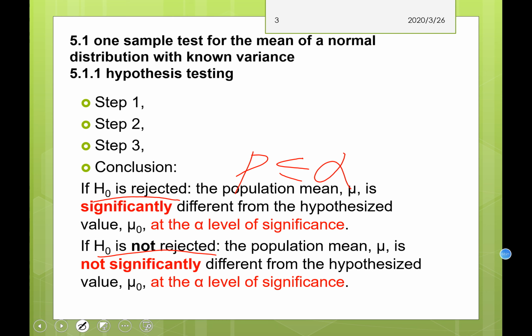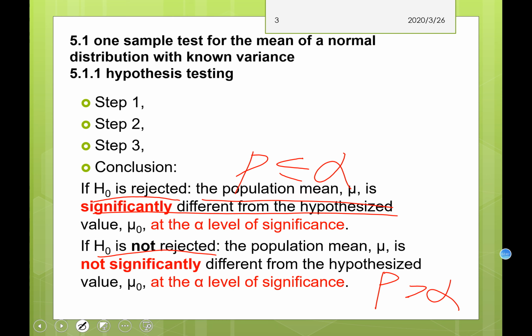So we can just copy the statement here. That is the conclusion for the hypothesis when P is less than or equal to alpha. And when we cannot reject H0, that is P is bigger than alpha.